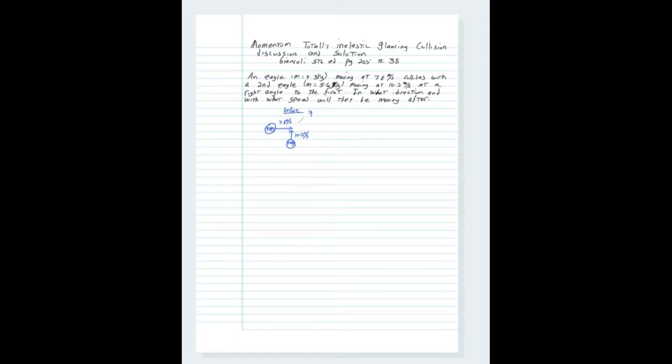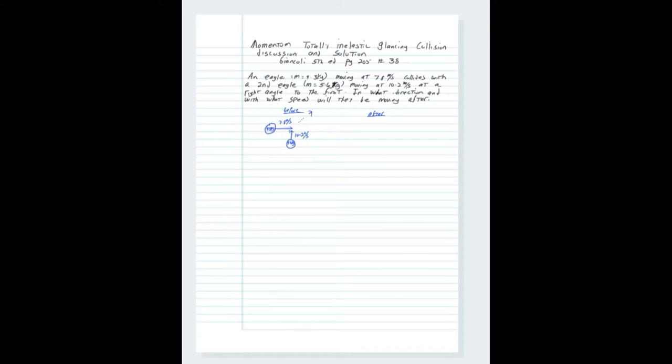We know that the first eagle has momentum to the right, and the second eagle has momentum in the upward direction. So the total momentum of the system here is up and to the right. So after the collision, we would expect them to move up and to the right. They're not going to move leftward or downward. That wouldn't make any sense in this scenario.